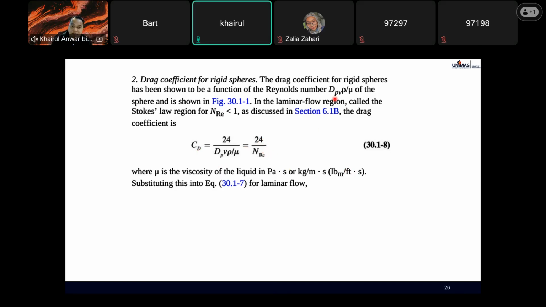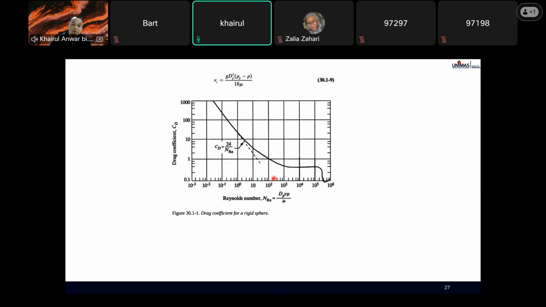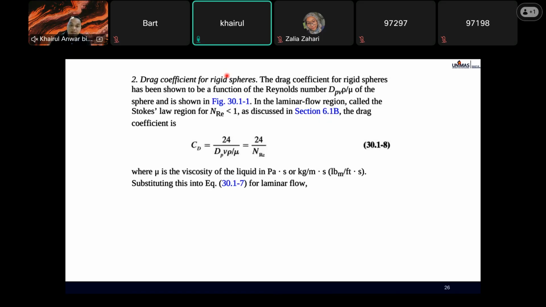NRE refers to this equation, where mu is the viscosity of the liquid in Pascal second or kg per meter second. Combining this with 30.1-7 for laminar flow, we get 30.1-9. This equation is for laminar flow.